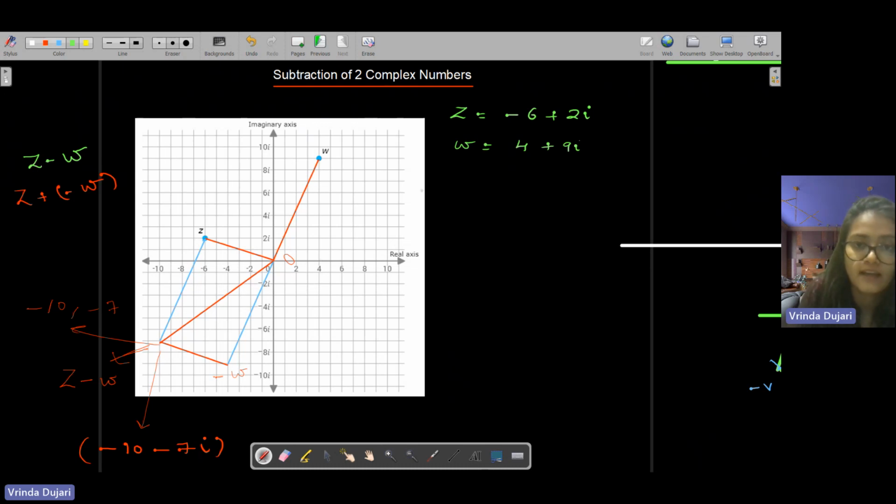And we want to find out the value of Z minus W. Okay, so basically we will get negative 6 plus 2i minus 4 plus 9i, right?